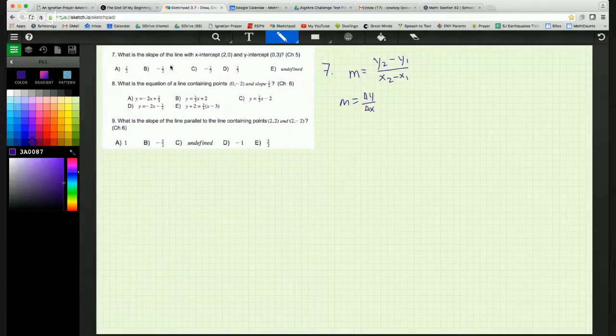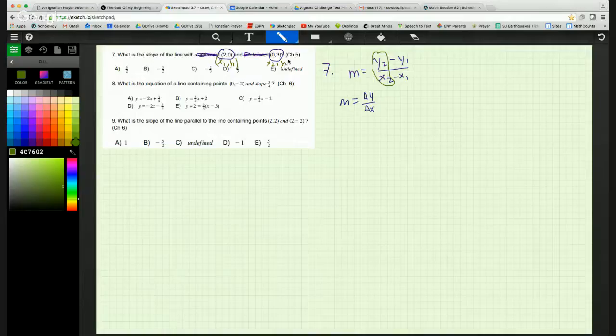Okay, so in this equation, you have an x-intercept and a y-intercept. Don't let these words x-intercept and y-intercept fool you. It's just basically saying, what is the slope of a line with 2 points, (2, 0) and (0, 3)? So let's find our change in y. The one key point is that you have to make sure that this is like x1, y1, and this is like your x2, y2.